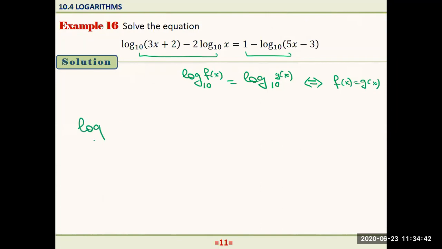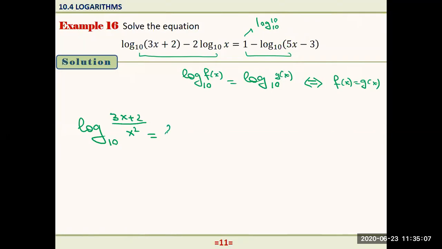On the left-hand side we have the logarithm of (3x plus 2) divided by x squared to the base 10. On the right-hand side, this 1 I can write as logarithm of 10 to the base 10, because it is equal to 1.